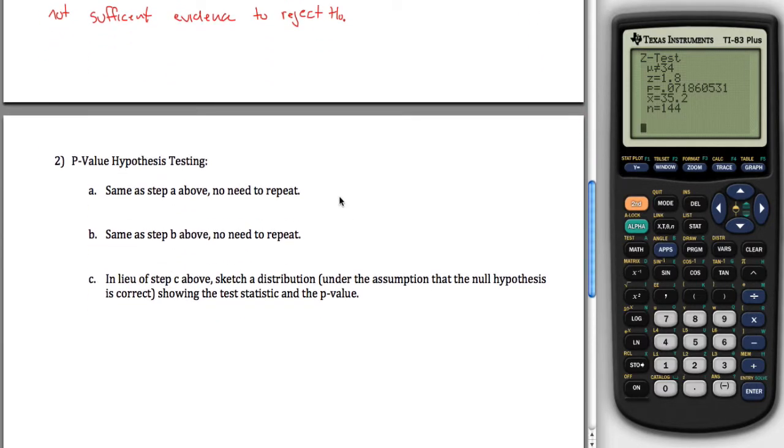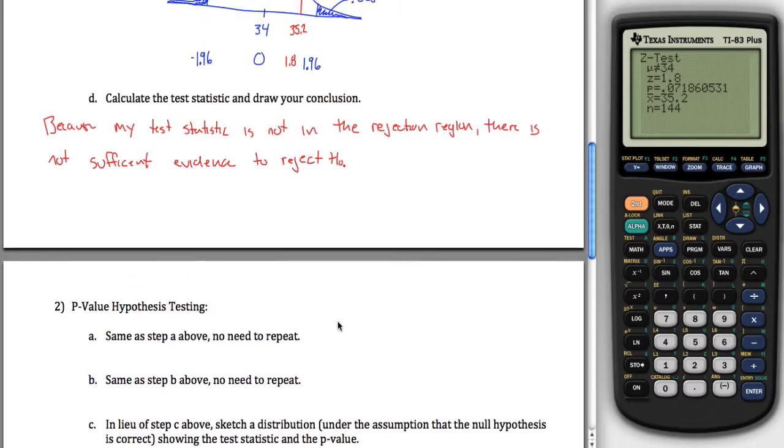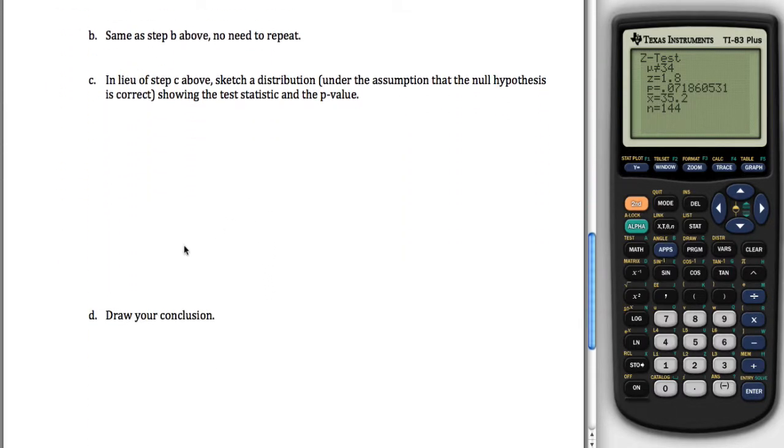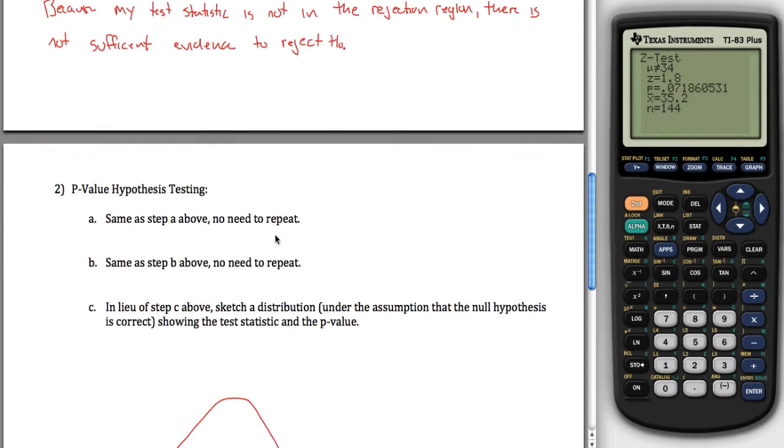Now it says do it all over again using the p-value method. The good news is that'll go much quicker, because we don't need to do steps A and B, they're already done. And then for step C, it just says draw your distribution, showing the test statistic and the p-value. Okay, we have all those already. We know that the middle was, what was it, 34?